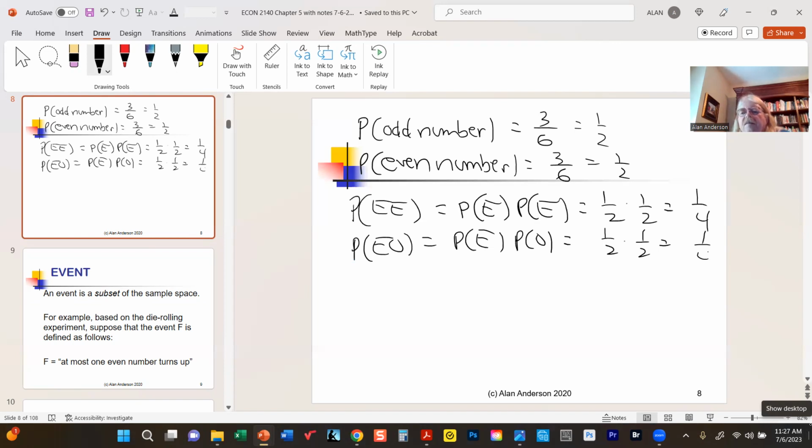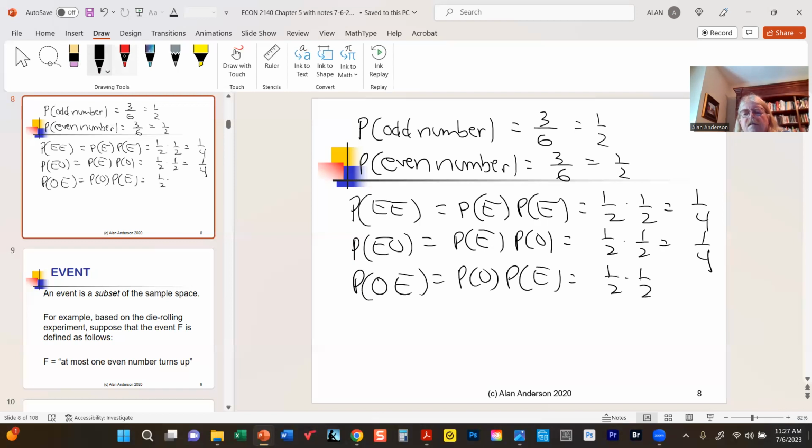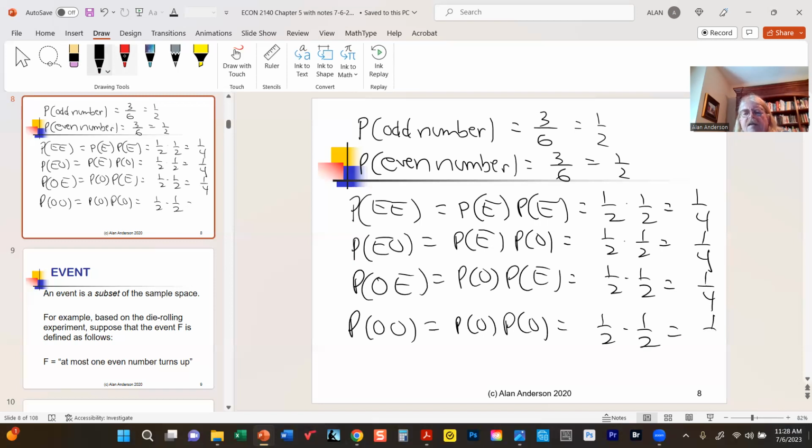It will speed up our calculations, but we also have to keep in mind that it only works for these special cases. And then, of course, OO, same thing. 1/2 times 1/2, which is a quarter. All right. So we need to know that up front, and then we'll use that information as we go along.